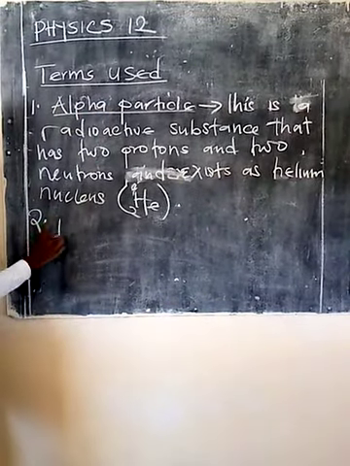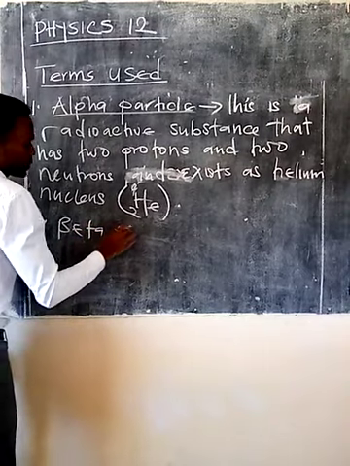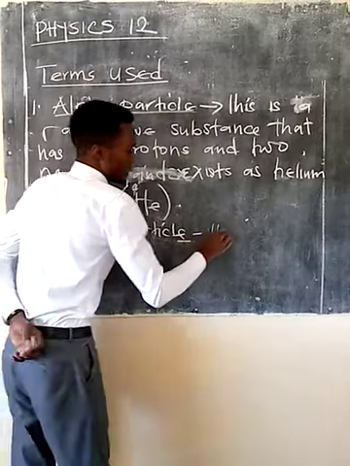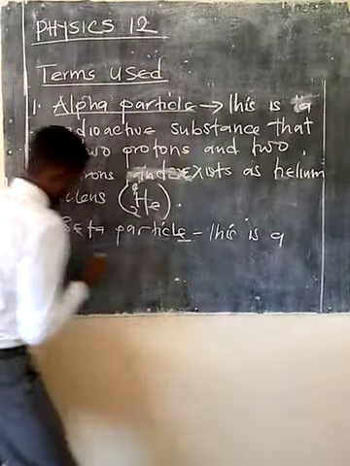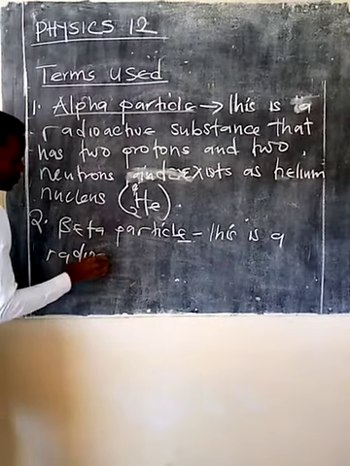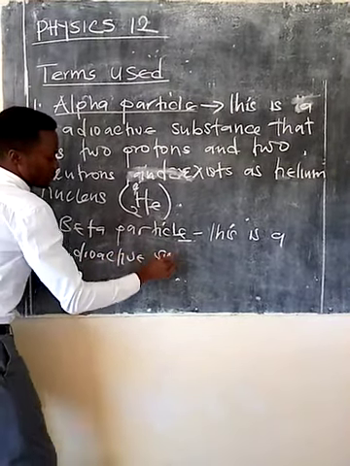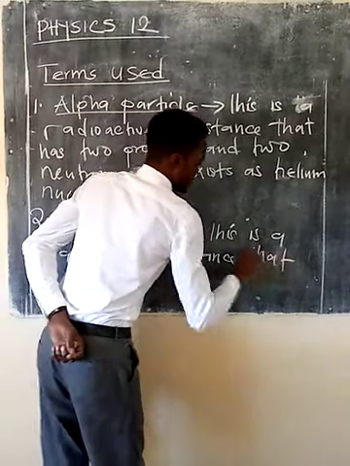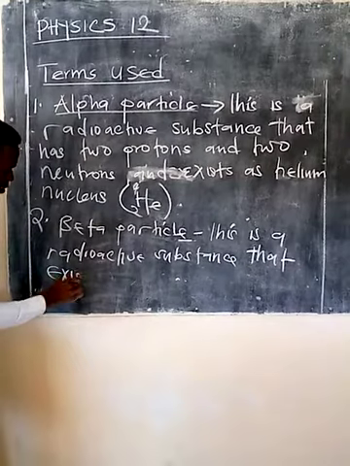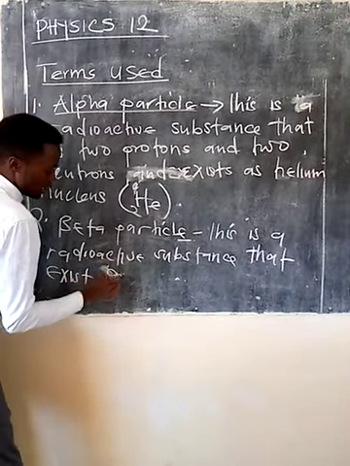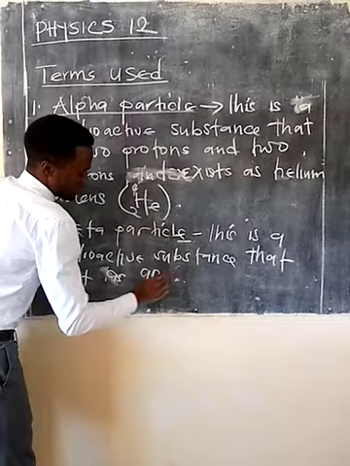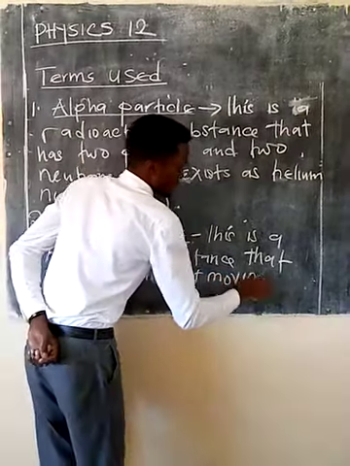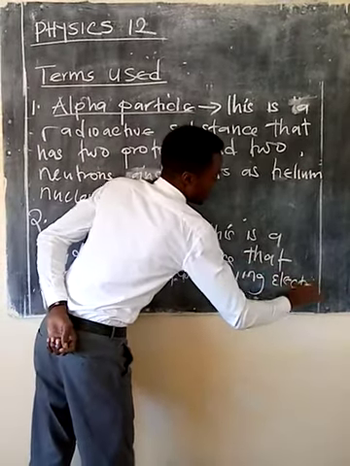The second one is called the beta particle. We simply say this is a radioactive substance that exists as a fast moving electron.